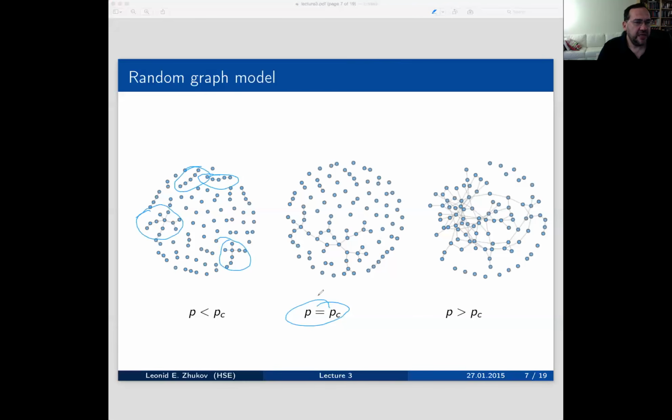Now, exactly at the critical value, well, I need to actually go a little bit above to see all of them connected. But think about this. We consider this phase transition when all the nodes become connected, right? And when this happens, it's still before the moment we get cycles.